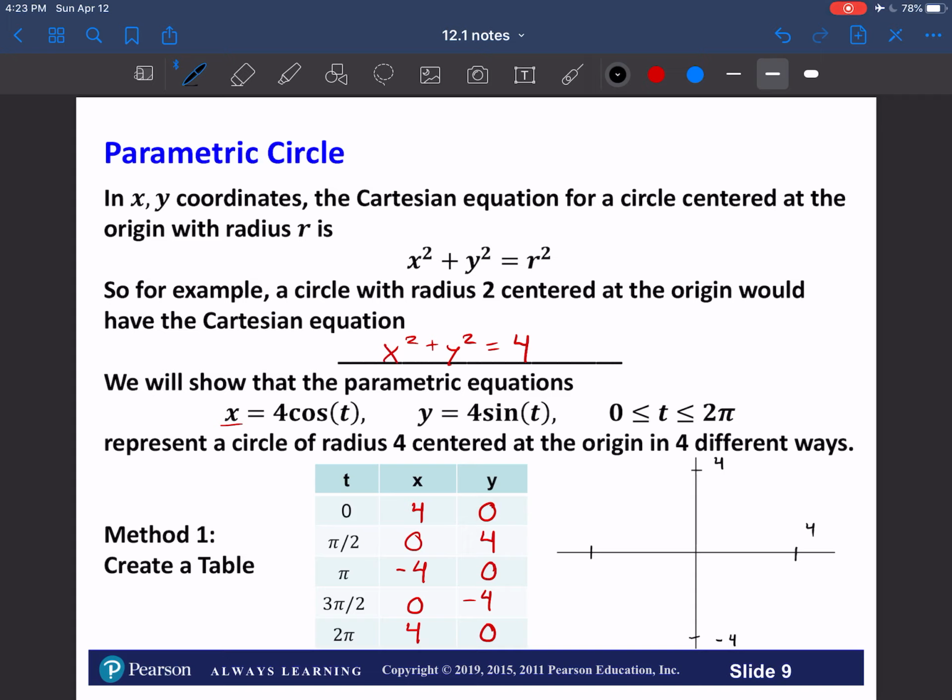I think so. And it creates a circle, so not bad. So basically all we really did was we noticed that there were points at 4, 0, which was right here, 0, 4, negative 4, 0, and 0, negative 4, which are those 4 points.